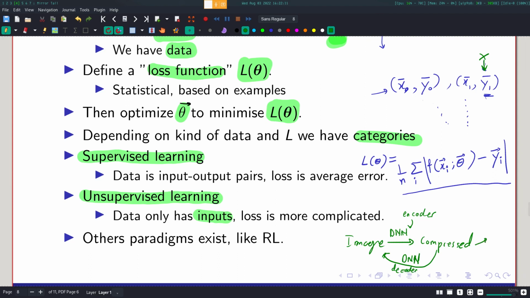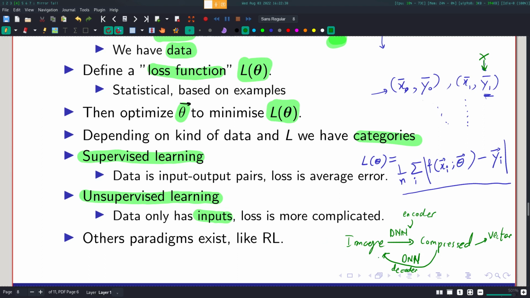And this compressed version is some abstract thing, like it's some vector. You don't really know what an actual compression of an image should be, right? So for a given image, you don't really have its corresponding compressed version. But what you do have is these two DNNs, encoder and decoder.